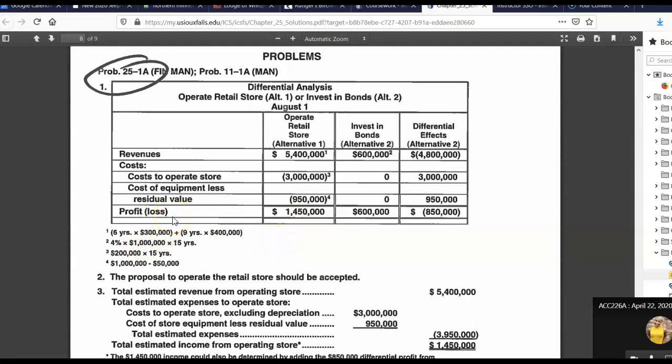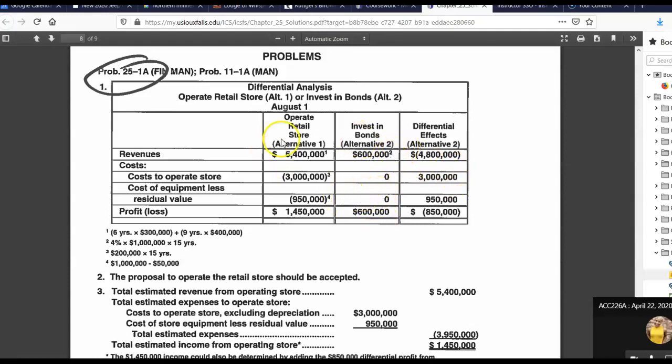So there was $1 million worth of cost into the equipment. Take away the 50 grand that you're going to recoup again. So there's a cost to this equipment of 950,000. So when you compare the two, we're essentially ahead by 850 grand when we're looking at the retail store.